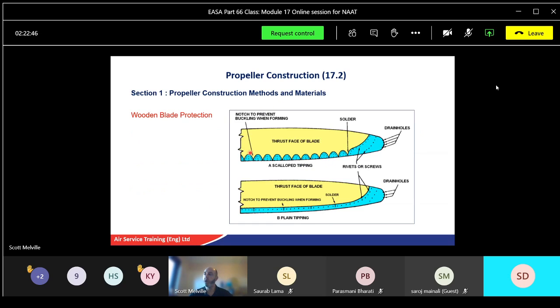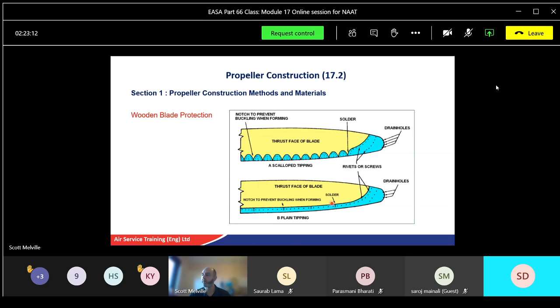The notch type is these little plates that make it look like a set of teeth. By doing that, it helps reduce a little bit of weight, and it still reinforces it. We've got solder joints, and we've also got a drain hose, because where these metal plates are put over the wood and then screwed in position, there's potential for moisture to get underneath there. And if the moisture gets trapped at the very leading edge, we can let it escape through drain holes.